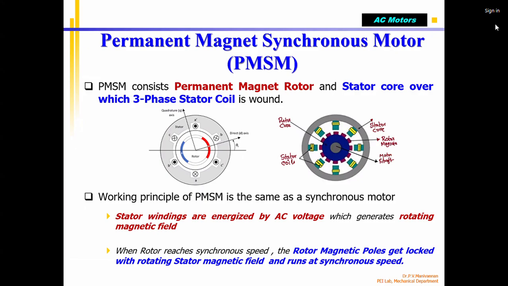For that, they have made additional arrangements. They put what we call starting coils. In a synchronous motor, starting coils are added in the poles of the rotor, which is an energy source apart from the rotor coil.